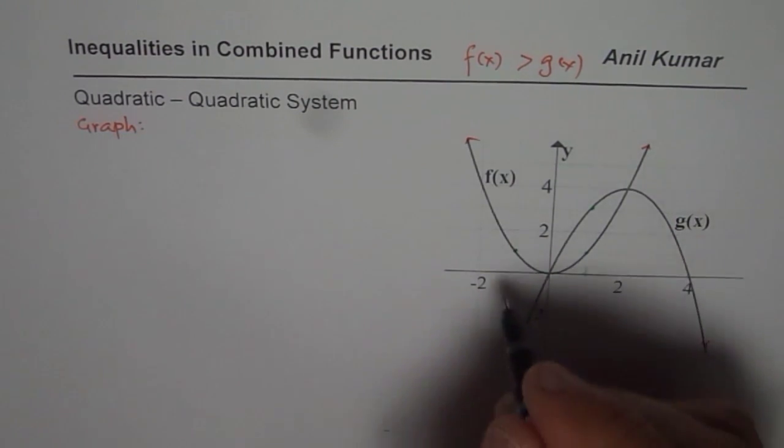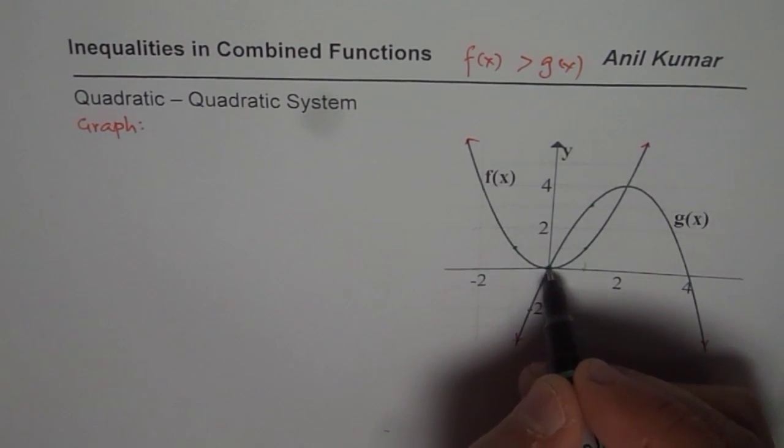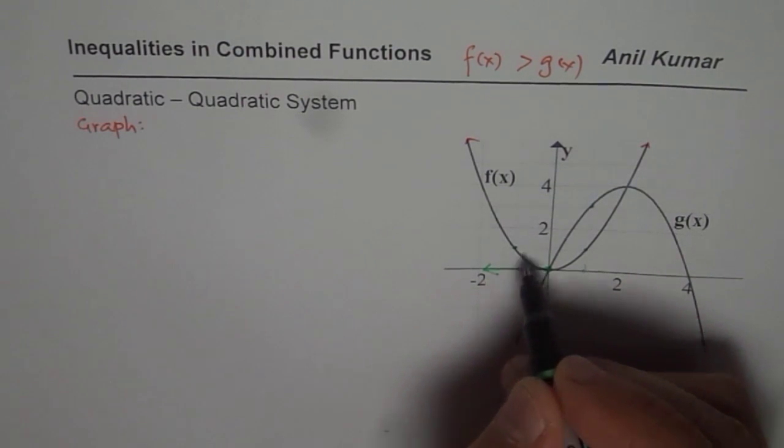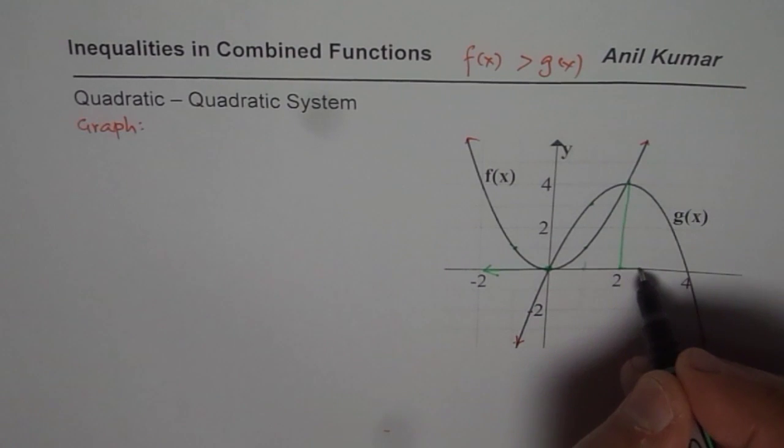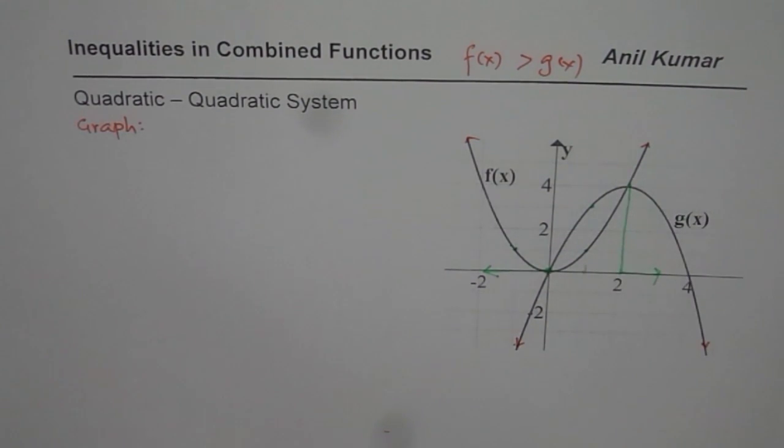In fact, what you notice here is that for any value to the left of 0, f of x is higher, or any value to the right of 2, f of x is higher, correct?